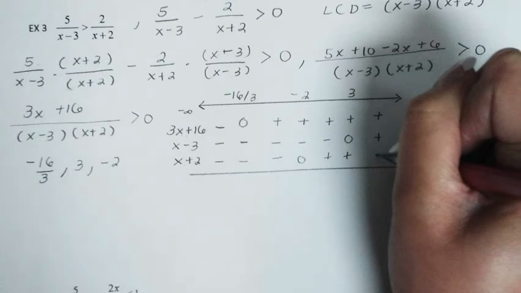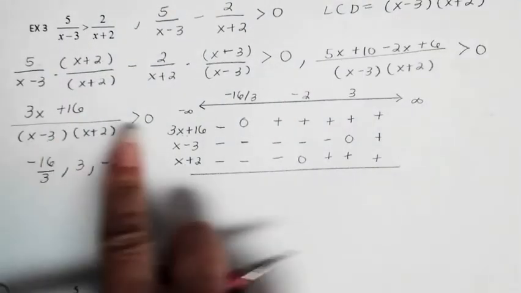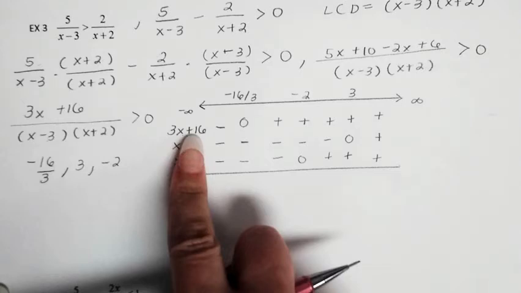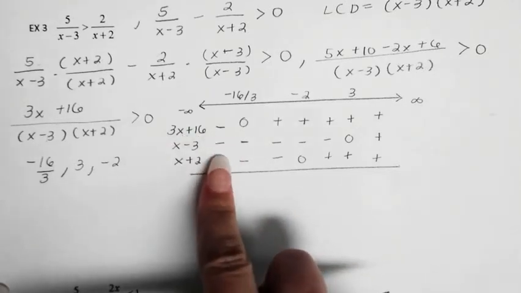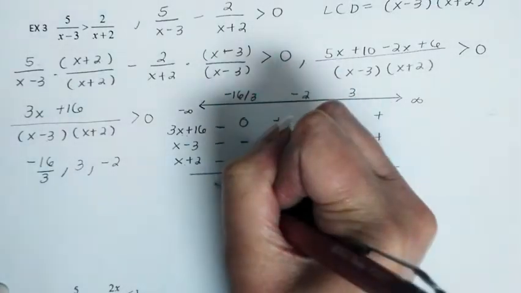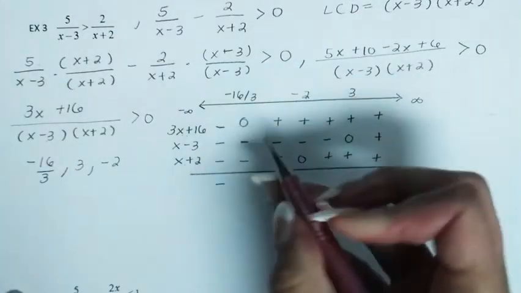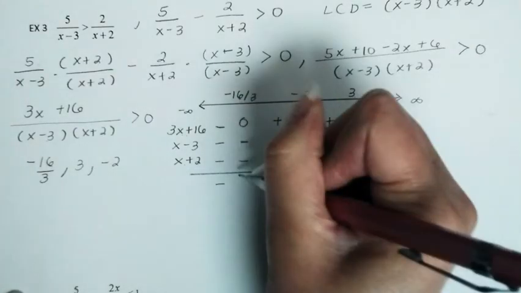Now, you need to look at the expression that we have over here. You have this one divided by these two. So it's going to be negative divided by negative times a negative, so negative divided by a positive, which is negative. Then 0 divided by a positive is 0.